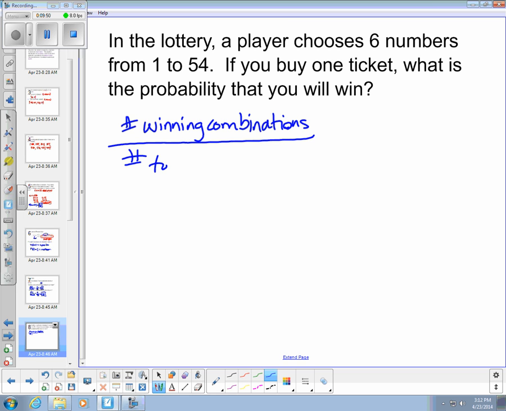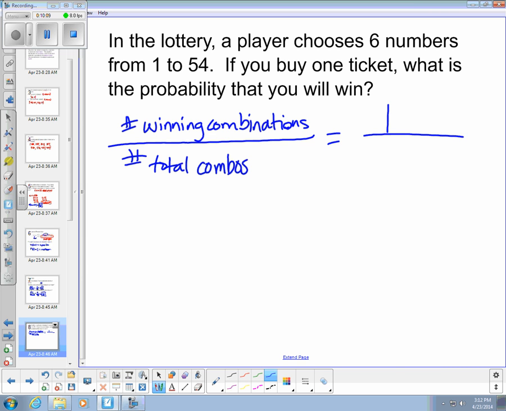So this is going to go back again to our counting principles lesson. Basically the top, there's only one winning combination, so the top is going to be a 1. But on the bottom, how many possible combinations of numbers can I choose?